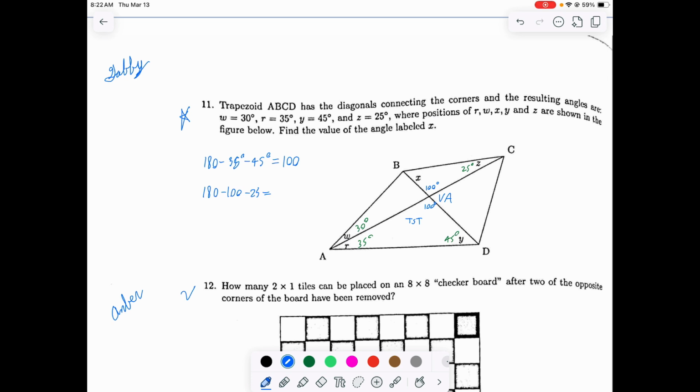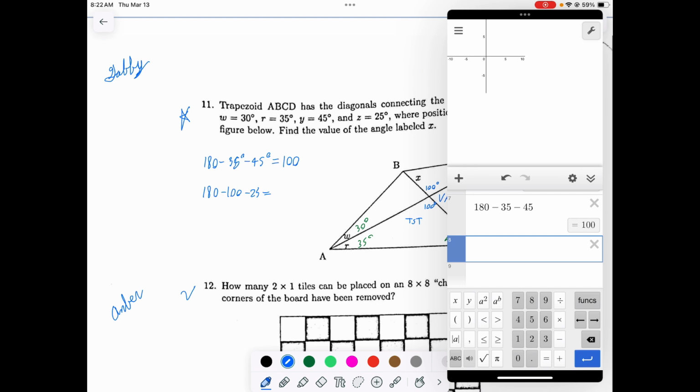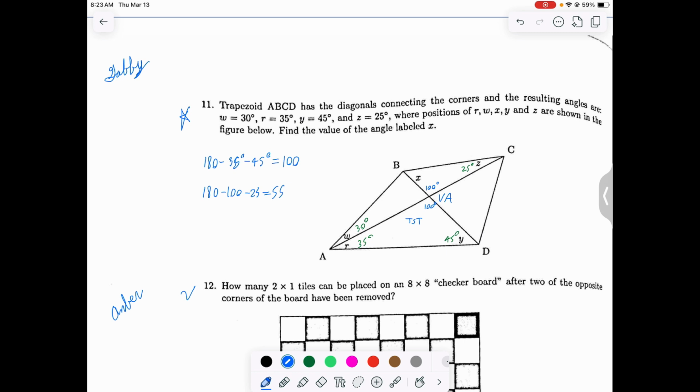And so that becomes 180 minus 125, which is 55 degrees. So that angle X is going to be 55 degrees.